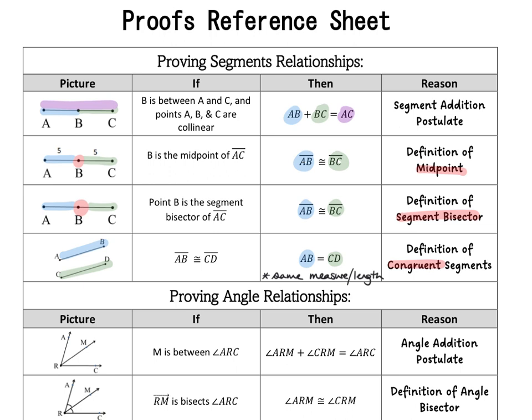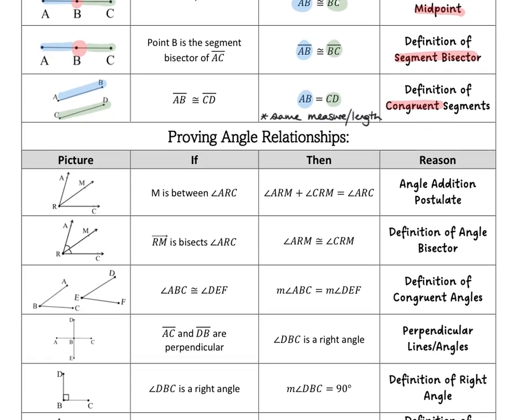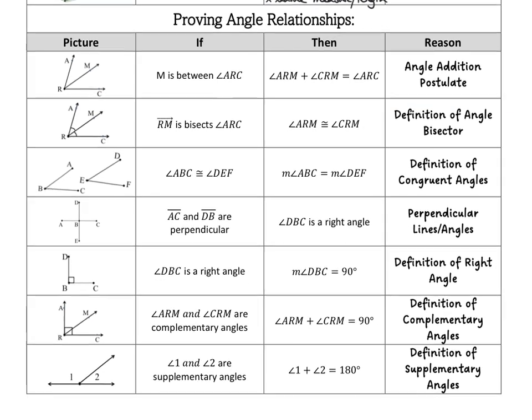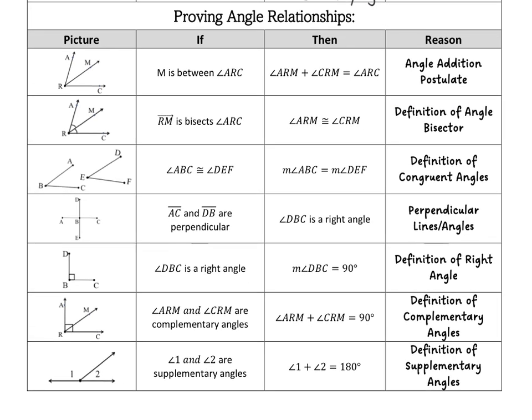Once we talked about segments, we started talking about angles. So now we have a bunch of postulates and properties of angles that we're going to go over. If we look at these angle relationships, the first one is called the angle addition postulate. Now I'm going to highlight very similar to what I did up on the segment ones. So let's say that we have a ray RM between the angle ARC.